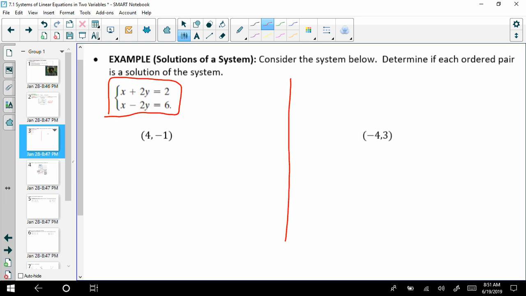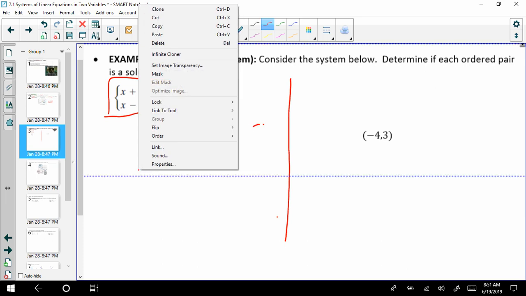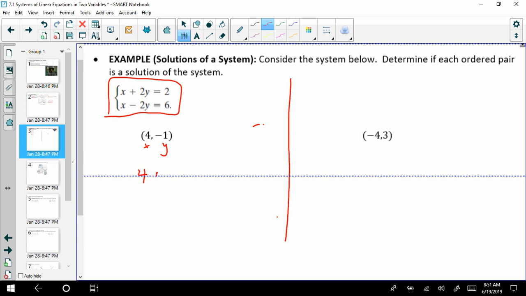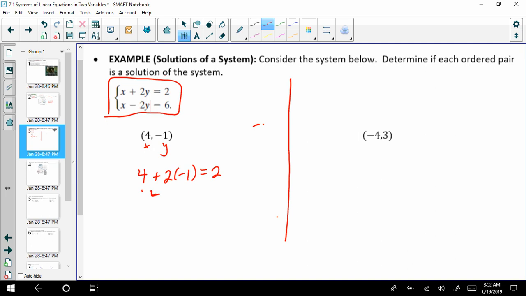Well, what you need to do is you have to substitute it in for each equation. So remember, this is x and this is y. So 4 plus 2 times -1 equals 2. So that would be 4 minus 2 equals 2. I would get 2 equals 2, so it works in the first equation.